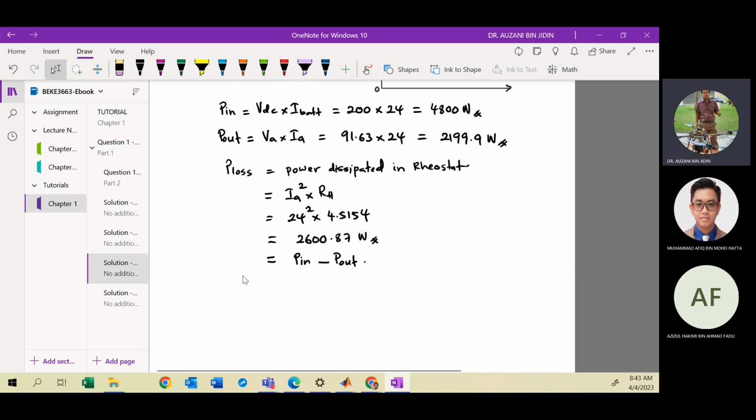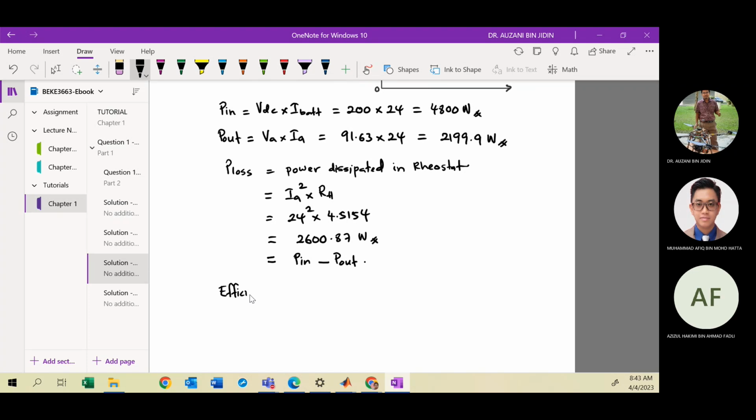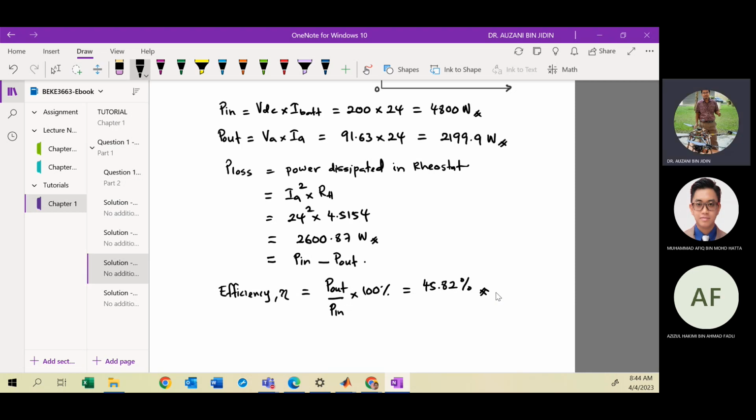Then you can calculate the efficiency, where the efficiency is P out divided by P in times 100%. Then you get 4.4582%. Very low efficiency.